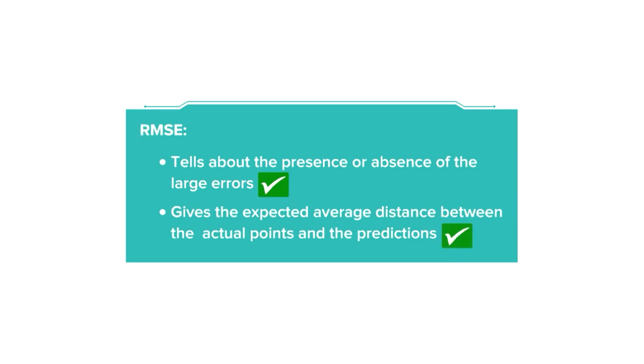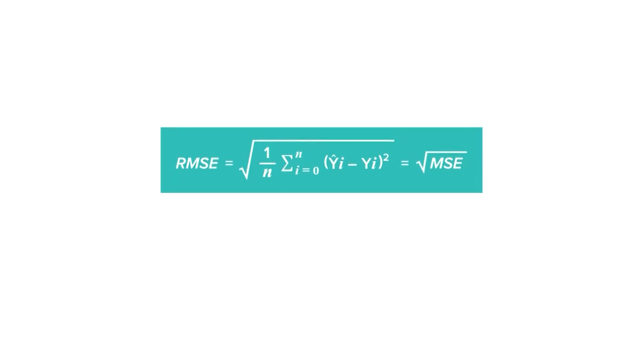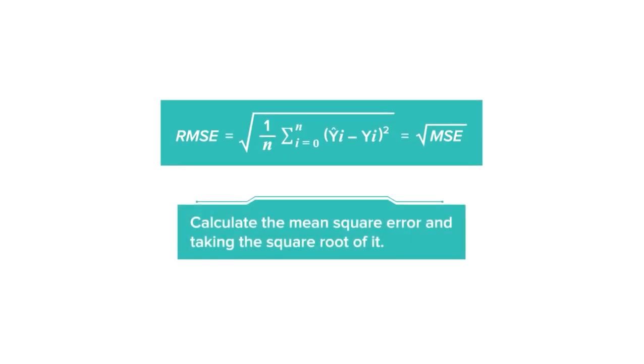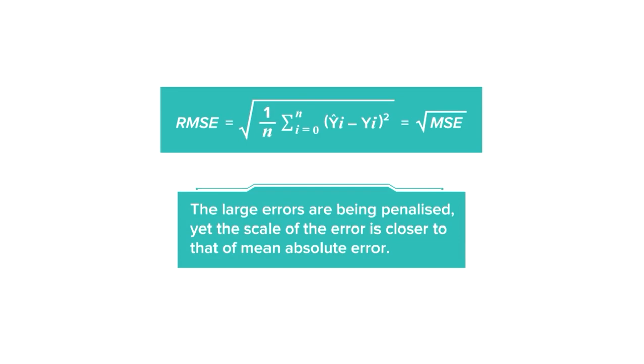To find a middle ground between the interpretation of distance of the actual point with respect to the predicted point and penalizing the larger errors, we will now look at the root mean square error or the RMSE. The formula for RMSE is as shown on the screen. In RMSE, we are essentially calculating the mean square error and taking the square root of it. As a result, the large errors are being penalized, yet the scale of the error is closer to that of mean absolute error.